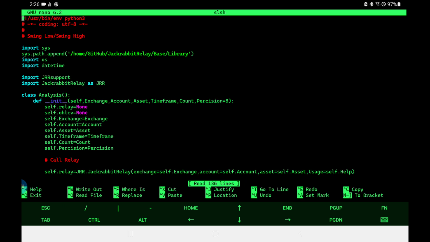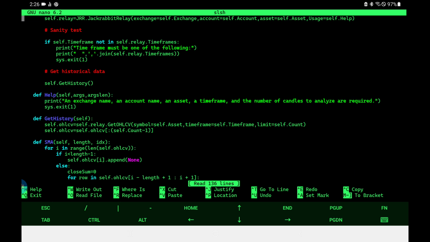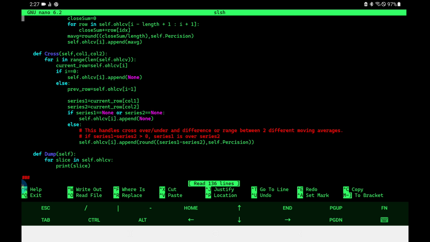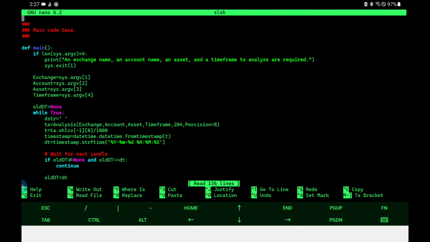Now we are in the code, and you're going to see that a lot of what we've already done hasn't changed. In fact, the only thing that we have changed really is in the main function. So we're in the main, we get our arguments, we start our loop, we track the time. Now when we're moving from just historical data to live data, we need a way to make sure that we're not processing the same candles over and over.